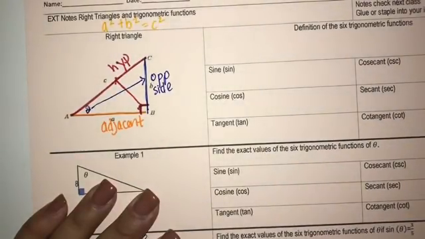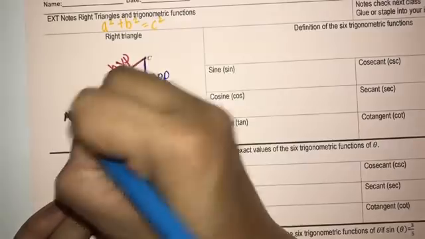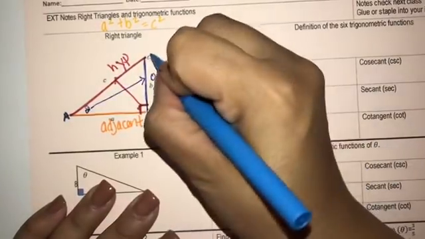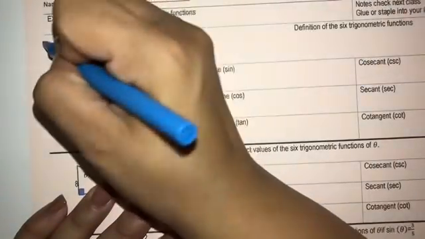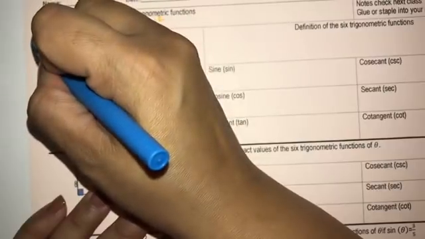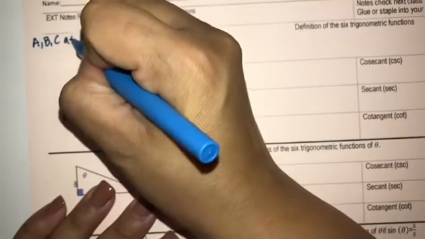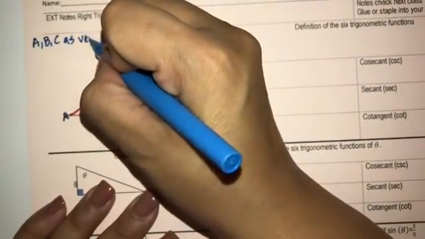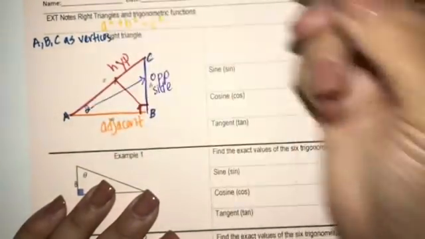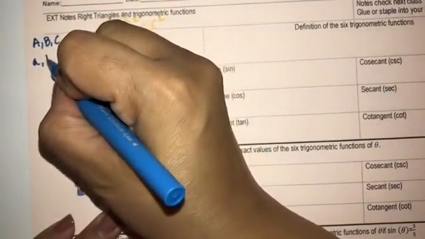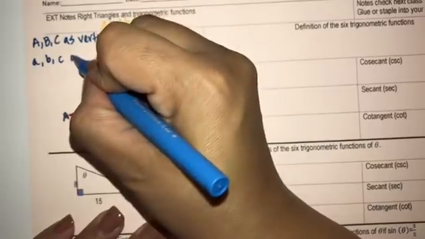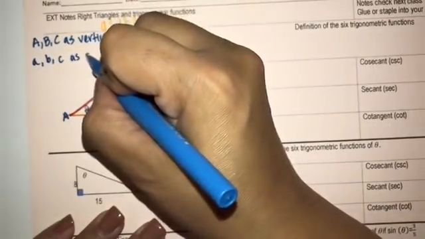One thing that I do want you to know about this triangle, so it's A, B, C: you have A, B, and C as the vertices, and then you have little a, little b, and little c as sides.